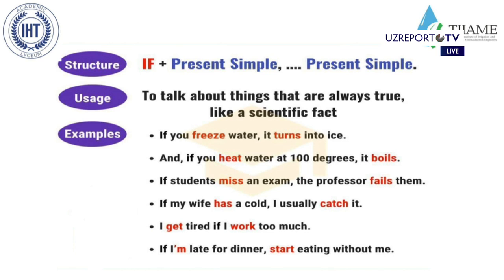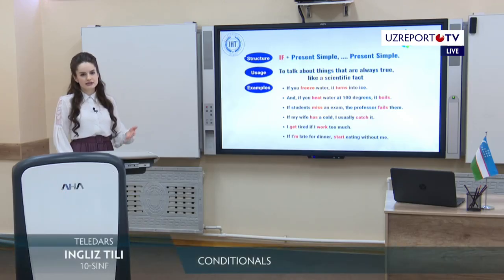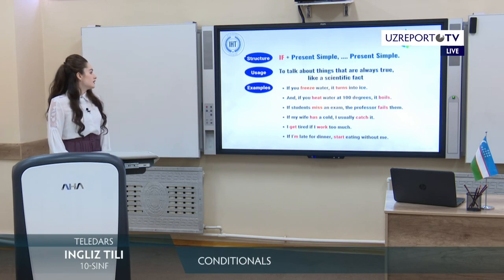And in our resultative part, we also have present simple. That's why I told you that it is one of the simplest types of conditional sentence. In present simple, our verb is in the base infinitive, and if we use, for example, the pronouns he, she, it, of course it is necessary to add the ending s or es. It depends on the verb. Well, usage.